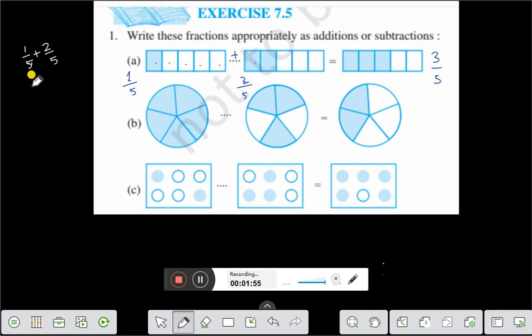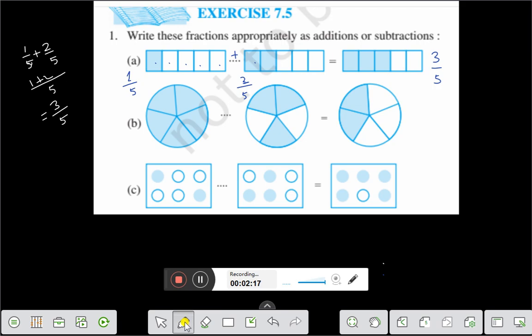Here you see the LCM is 5, and 1 plus 2 is equal to 3 by 5. Therefore, this is 3 by 5.